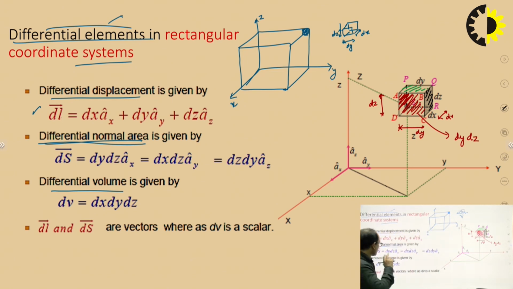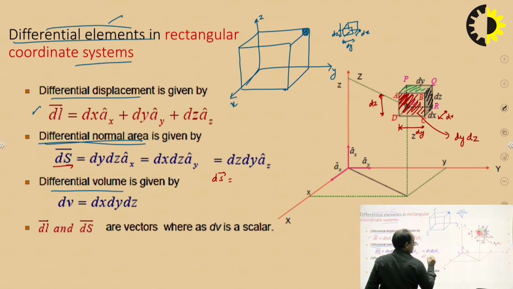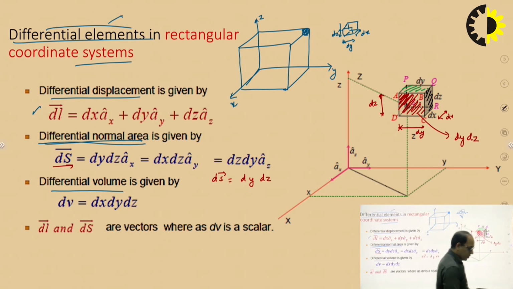Now this differential surface area also consists of what? This dS vector is equal to dy into dz, and it also consists of the unit vector which is perpendicular to the surface directed outside the volume.